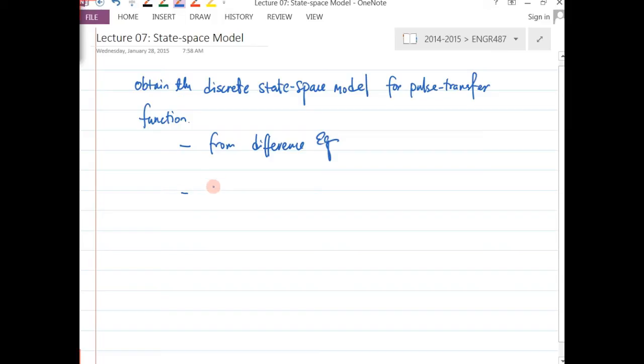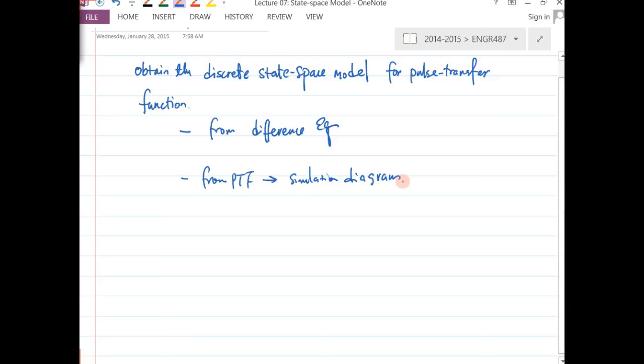The other approach, which we're going to show here today, is from the pulse transfer function, the PTF, we can draw the so-called simulation diagram. There actually are different ways of drawing the simulation diagram from the pulse transfer function.